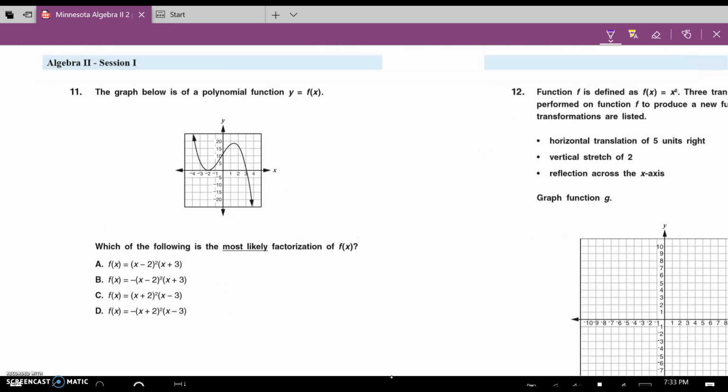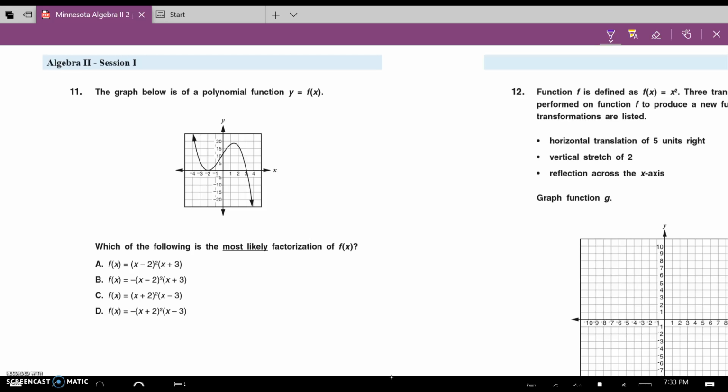All right. So number 11. This is something that we've not really talked about before, okay? But we have talked about similar things. So we know that this is a cubic function, right? But it looks a little bit different. We know that these are the factors.